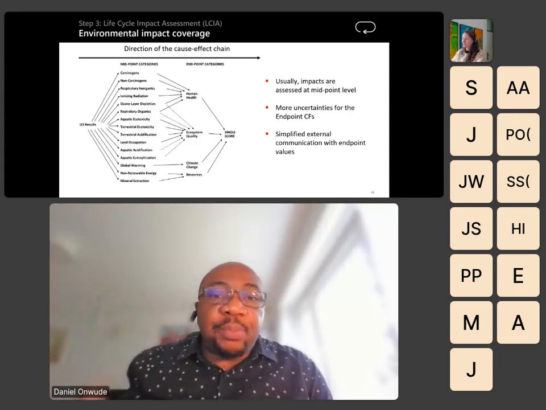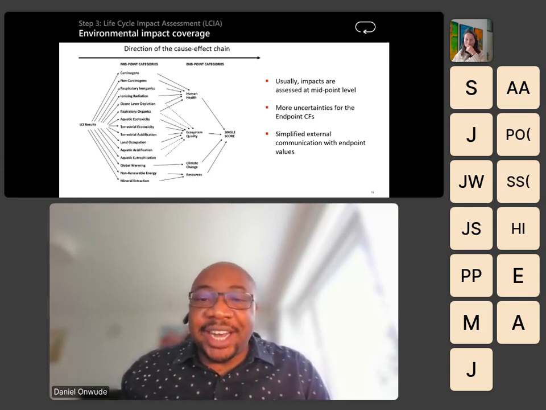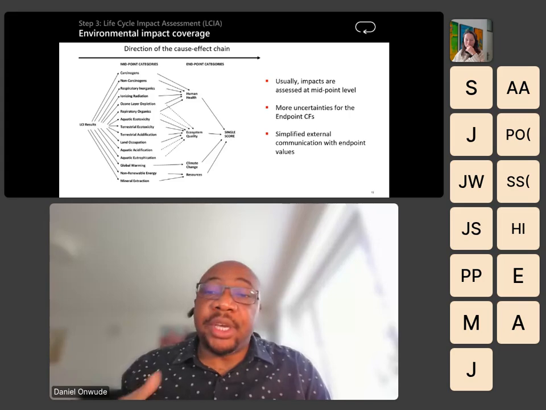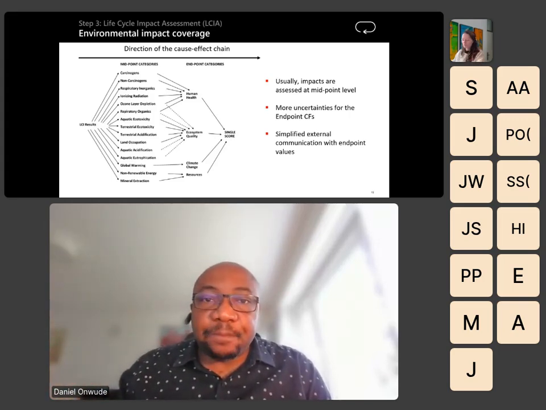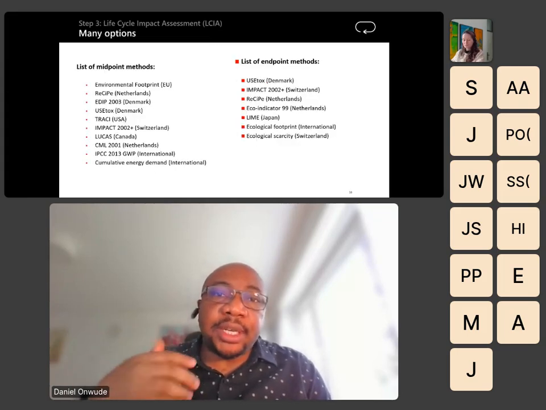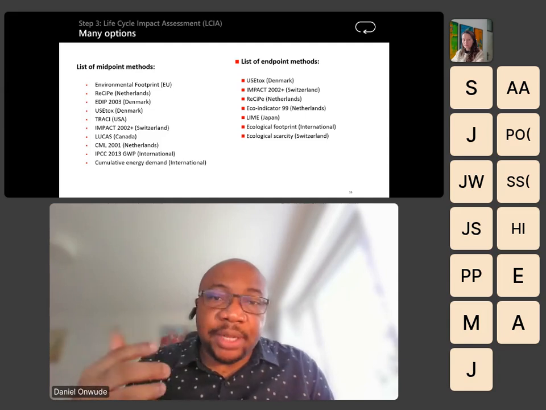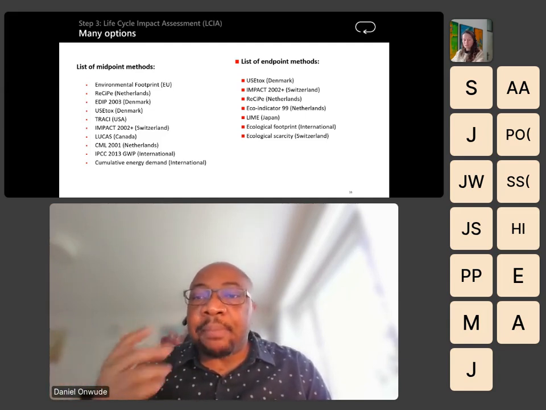Midpoint results are great, in my view, for scientific precision, while endpoint results are useful for communicating the bigger picture to a broader audience. Okay. Now let's look at some of the options when you talk about the midpoint method or endpoint method. There is not just one way to carry out an impact assessment.